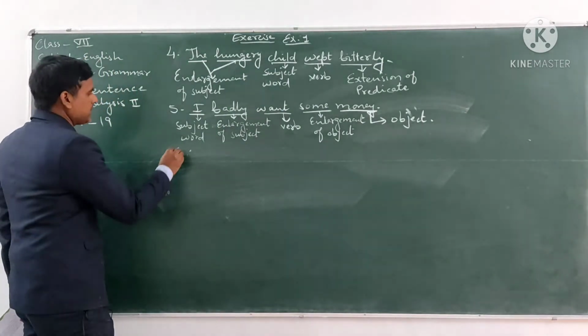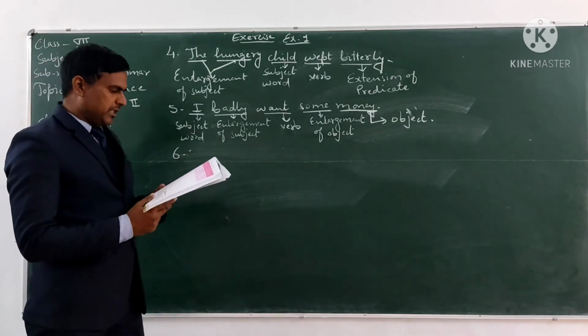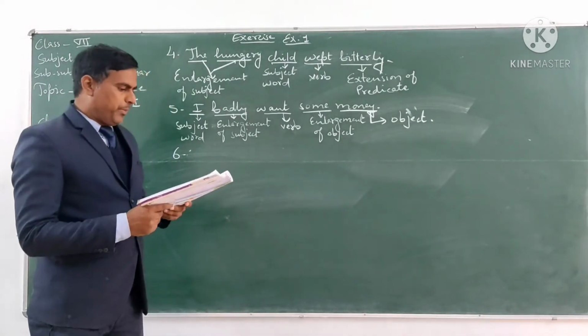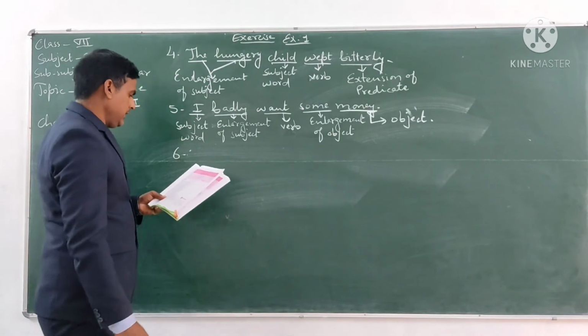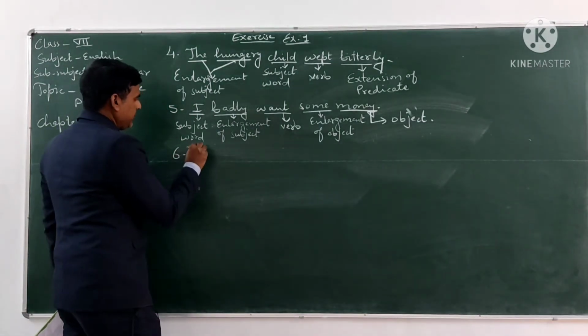Now see sentence number 6. Sentence number 6 is: The boy made the kite cleverly.